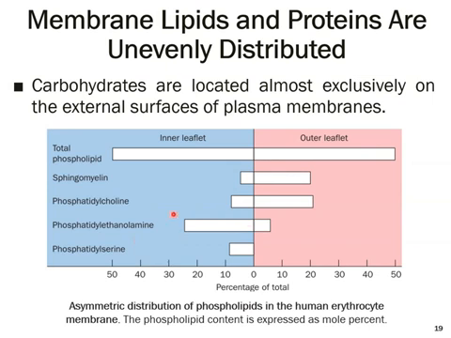Phosphatidylethanolamine is present more on the inner side, and phosphatidylserine is present only on the inner leaflet of the plasma membrane. This schematic representation shows the distribution of phospholipids in the human erythrocyte membrane, and through this you can understand that the distribution of these lipids is not symmetric, rather it is asymmetric.